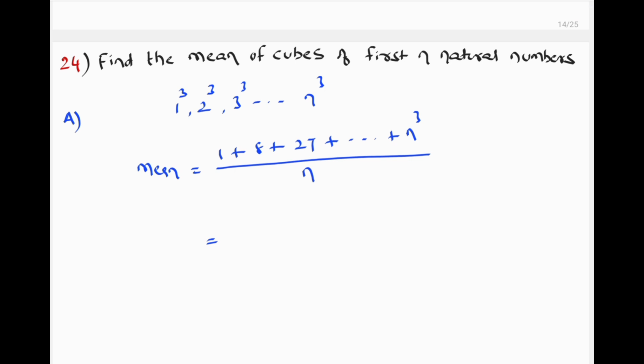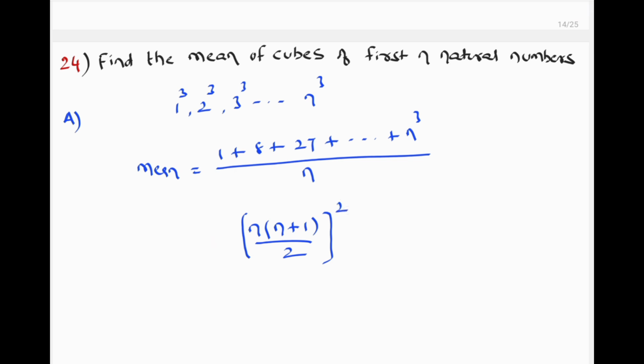Here we are having the formula for the sum of cubes of first n natural numbers. That is the formula n into n plus 1 by 2 whole power 2.